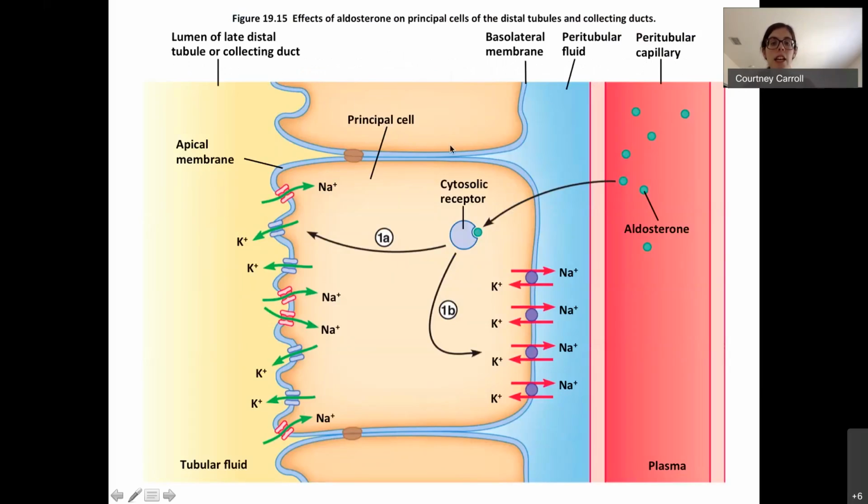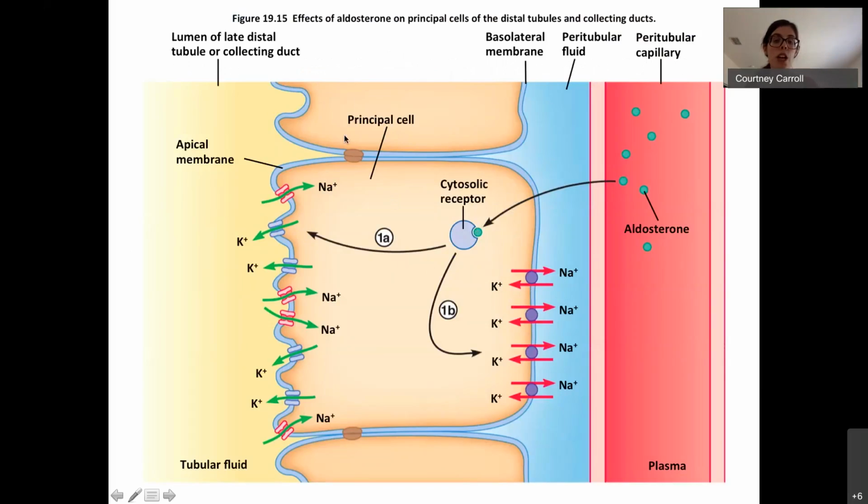This is what that looks like again. Aldosterone is going to wiggle on through and go to its cytosolic receptor. It's going to turn on genes that make more sodium-potassium ATPase pumps, which put more sodium into the blood and more potassium into the filtrate.